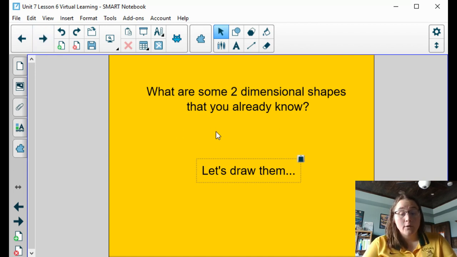So first off, rectangles and squares are two-dimensional shapes. Let's think right now. I want you to think of other two-dimensional shapes. What are some other two-dimensional shapes you already know? If you want, right now you can pause Miss Tatsky's video, go get a piece of paper, and draw as many two-dimensional shapes as you can.